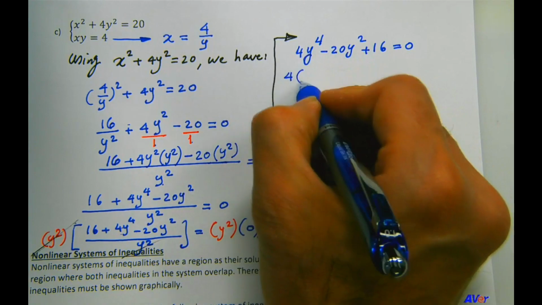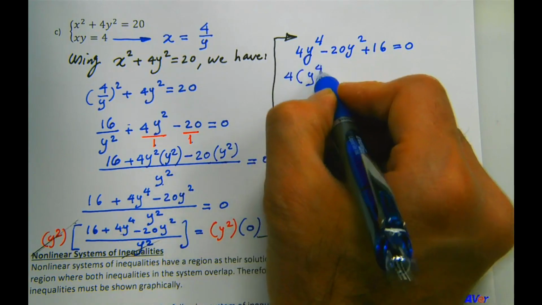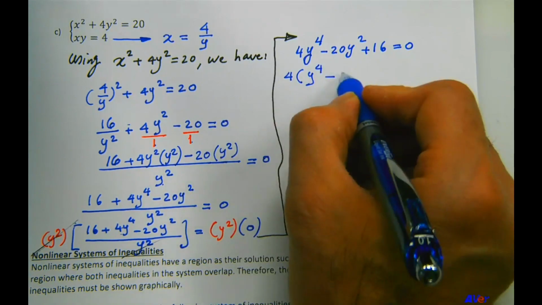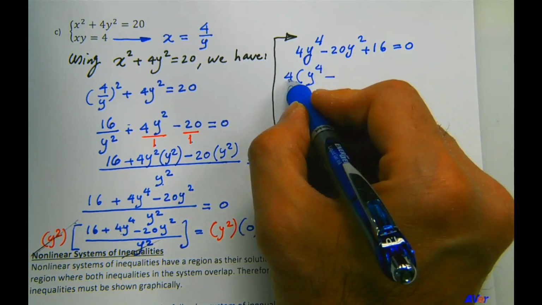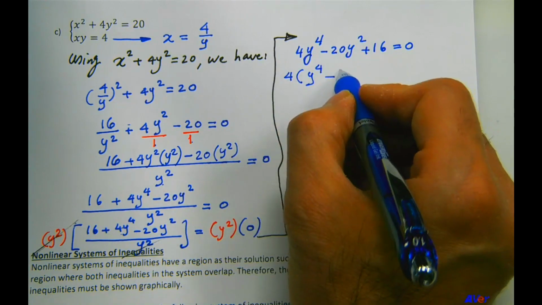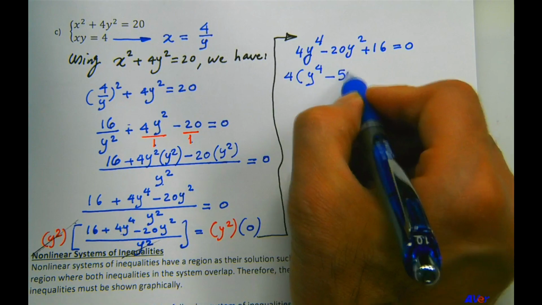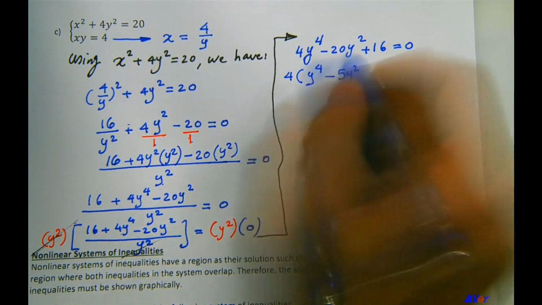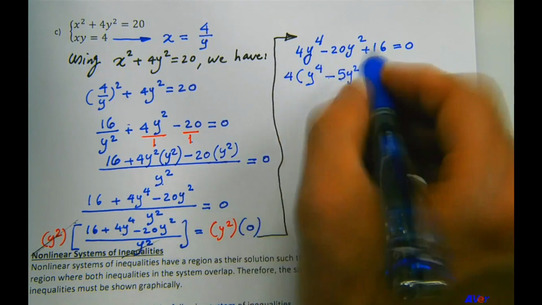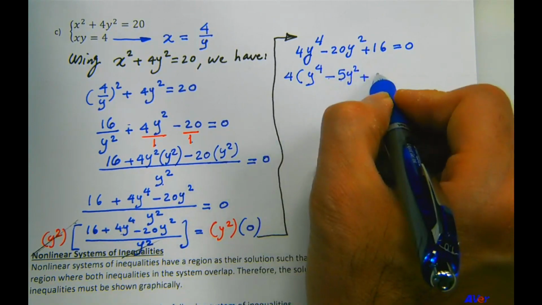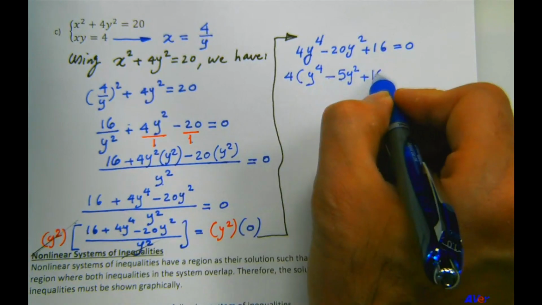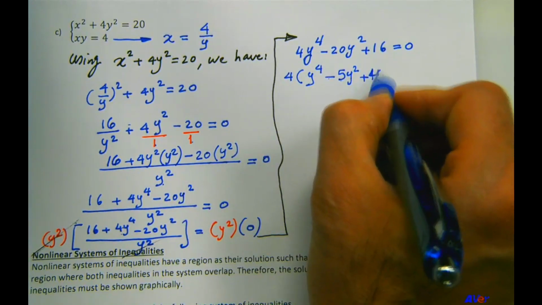So factoring out the 4, we have 4 y to the 4th. What should I put here to multiply by 4 to obtain 20y squared? Well, 5y squared, right? 4 times minus 5y squared is minus 20y squared. What should I put here to multiply by 4 to get positive 16? Well, 4, right?